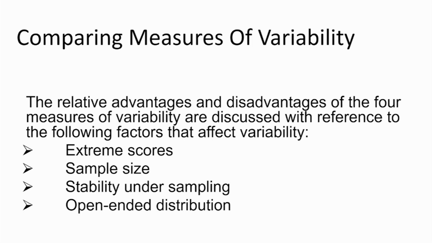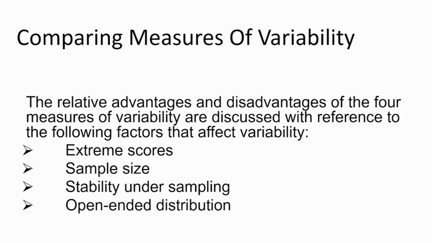This is what we will study when we study the sampling distribution, not just the frequency distribution. And what is the sampling distribution? Sample size, obviously, is very important. In our last case, we had a population of 1000. If we are drawing a sample of 999 or 990, then obviously range is quite a stable measure of variability.